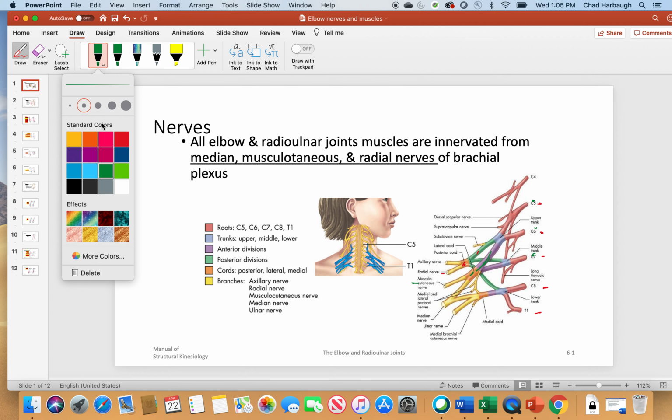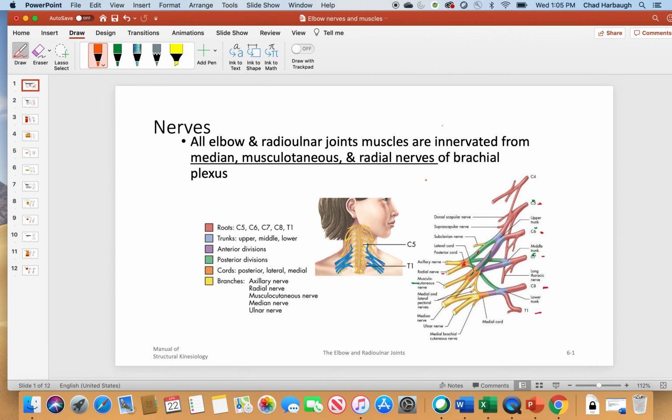And finally, the last one we'll look at is going to be the median nerve. So we come down here, the median nerve is going to start here. And the median nerve actually bifurcates or splits, but it's formed from two aspects. It's going to be formed, we'll just draw a line here, from the lateral cord, and it's also, I'll draw a line going this way, formed from the medial cord.